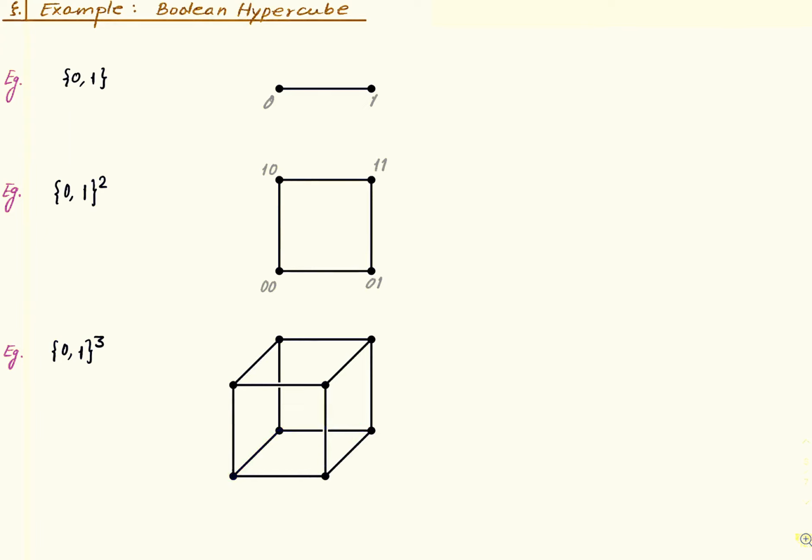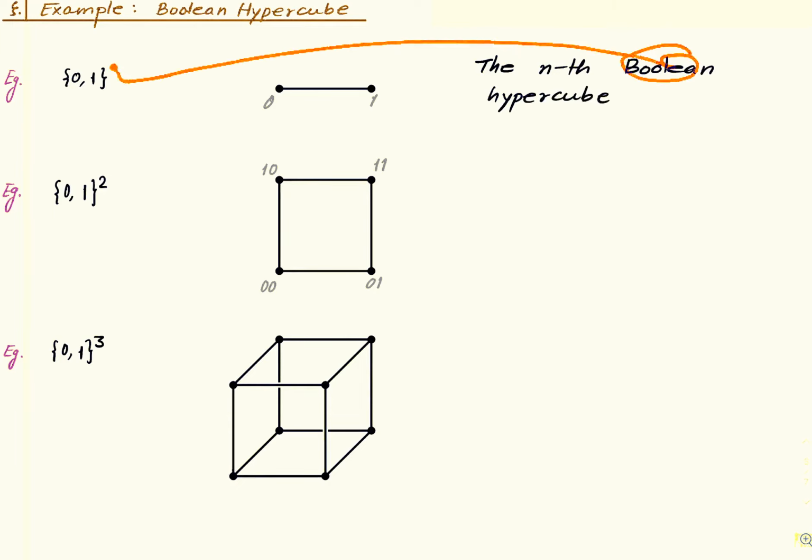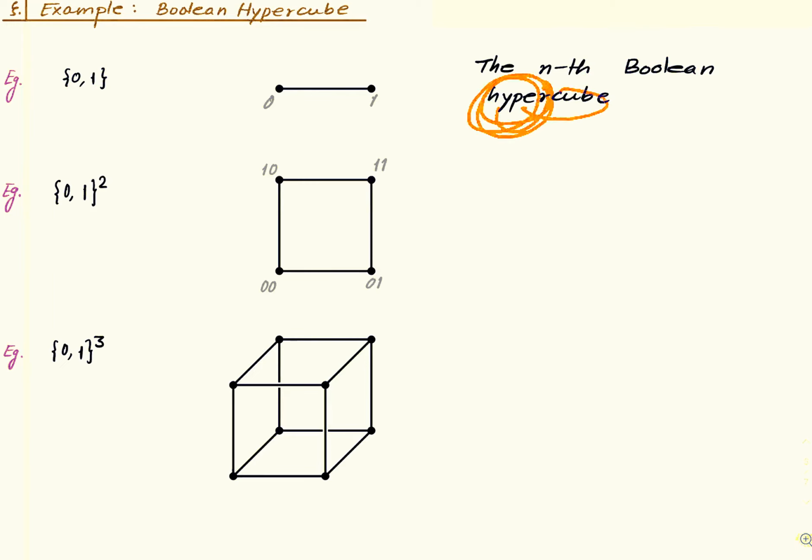So this suggests a general definition, which is as follows. The nth Boolean hypercube. The word Boolean comes because there are two things here, and hypercube because it is an n-dimensional object, meaning an arbitrary dimensional object. So that's why this prefix hyper is used.